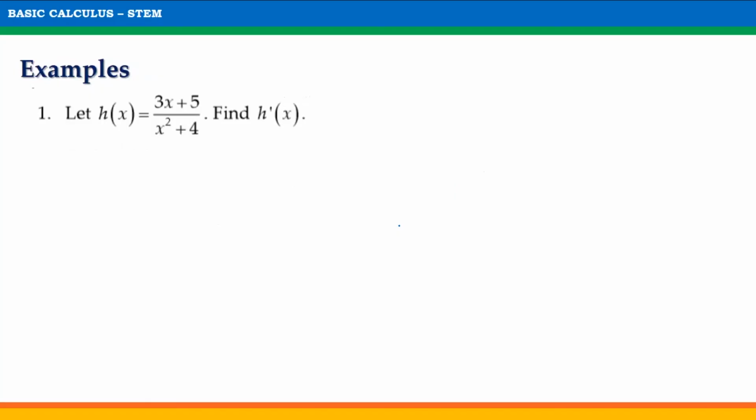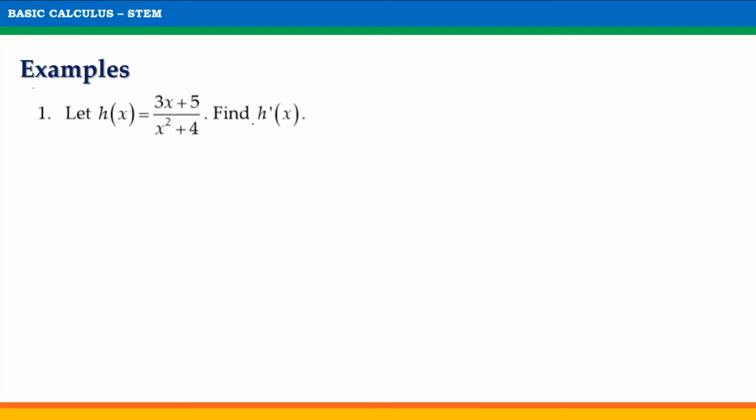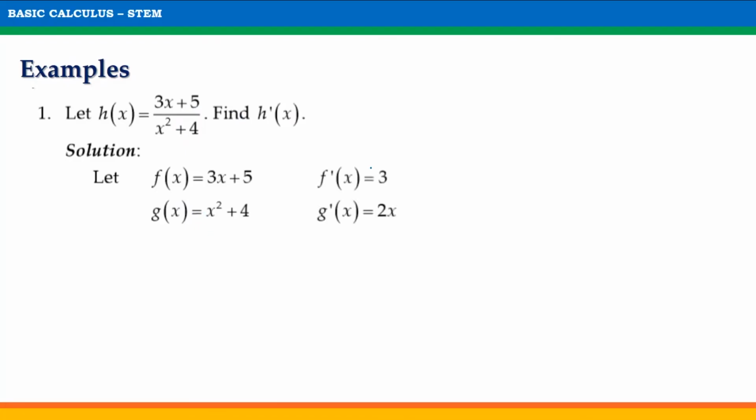To apply this rule, let us have this example. Let h(x) be equal to (3x + 5) over (x^2 + 4). Let us find h'(x). Let f(x) be equal to the numerator 3x + 5 and g(x) be equal to the denominator x^2 + 4, and determine their derivatives respectively.